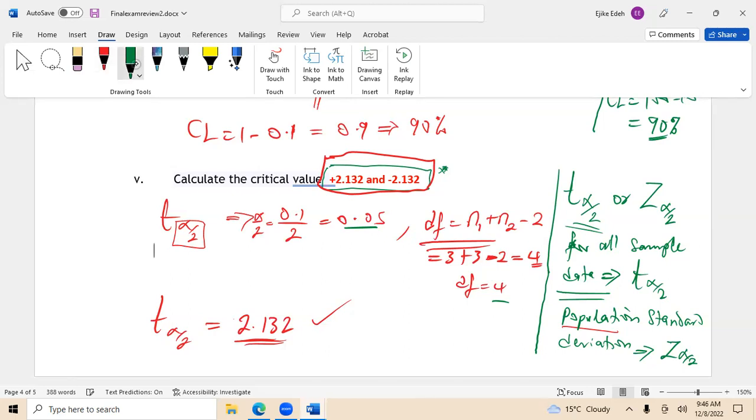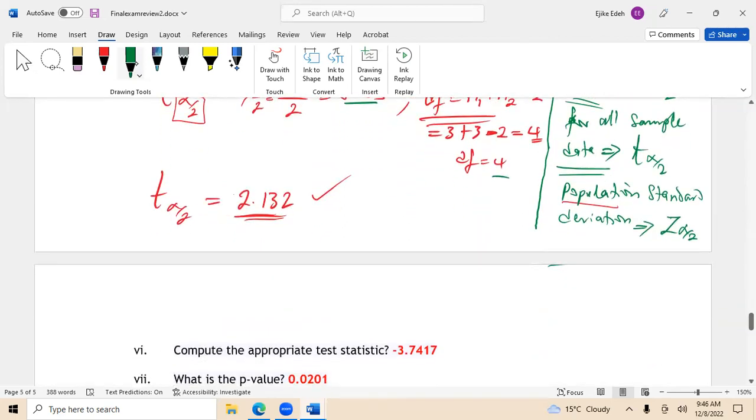For a one sample t-test, your degree of freedom is n-1 because there's only one sample, right?